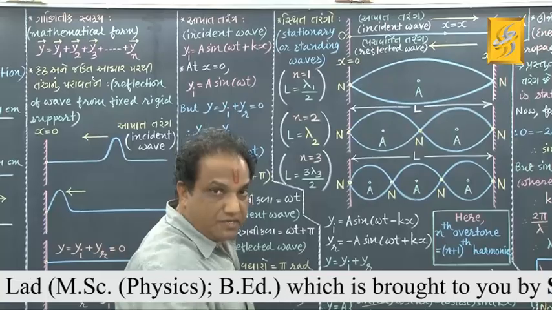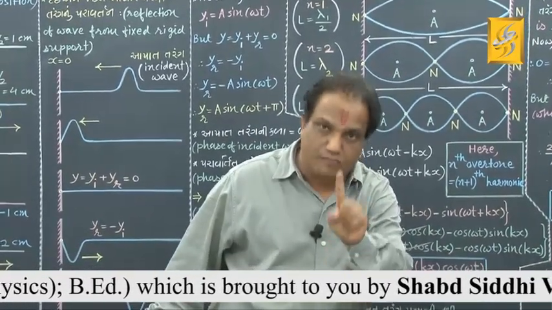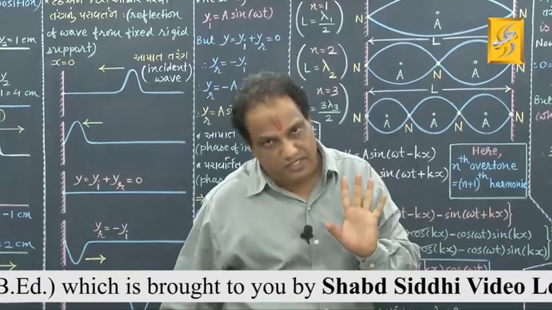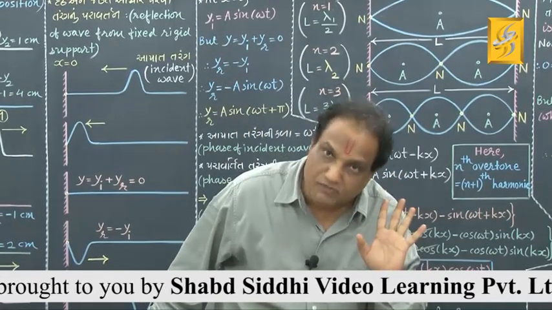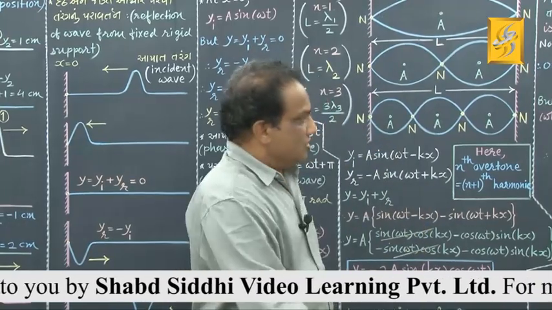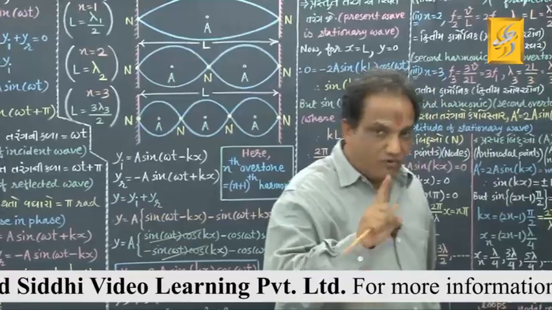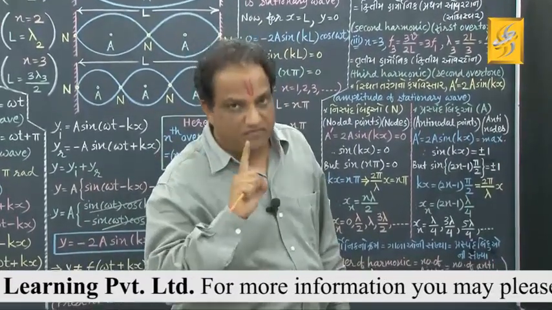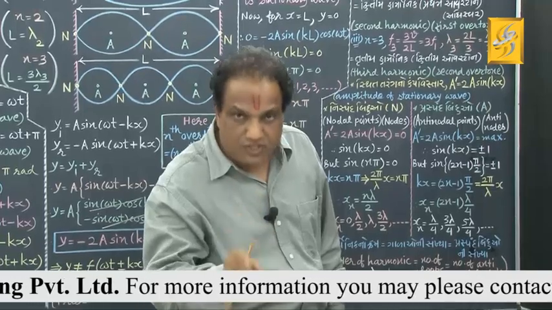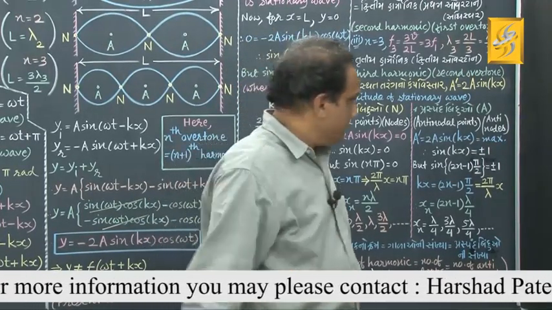So what do you notice here? The number of nodes is always greater than the number of antinodes by 1. So if n is the number of antinodes, what is the number of nodes? n plus 1. Simple? Fine.